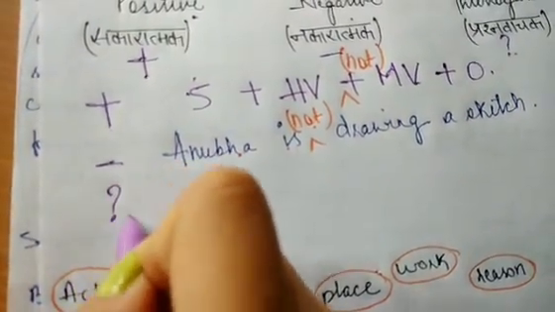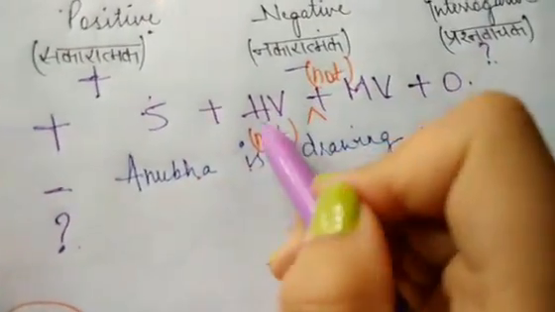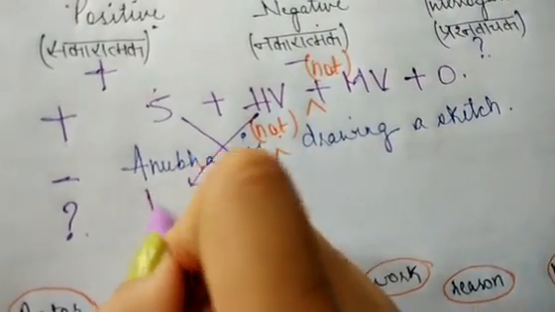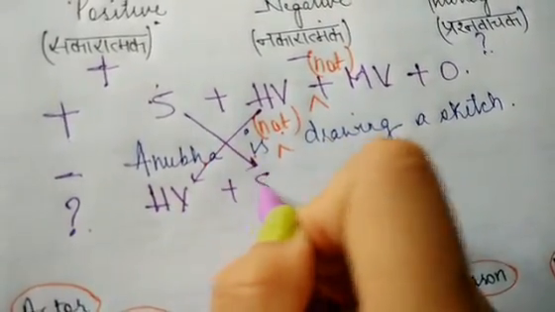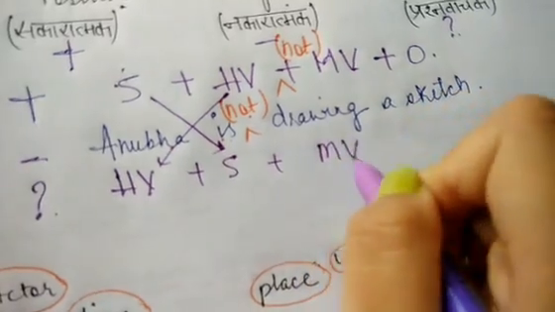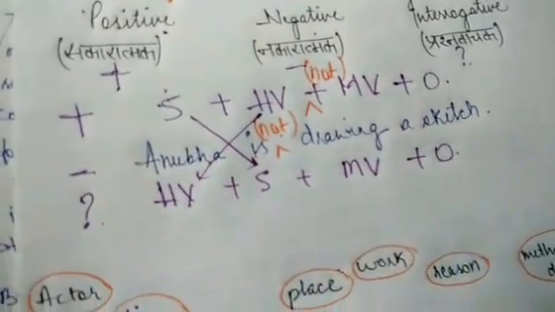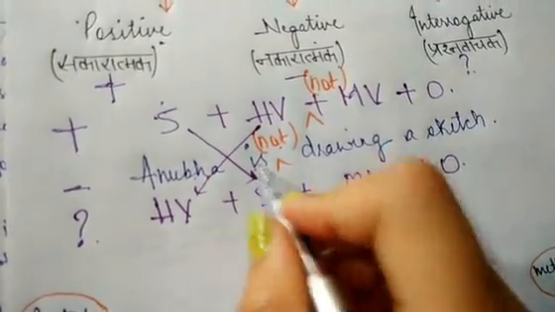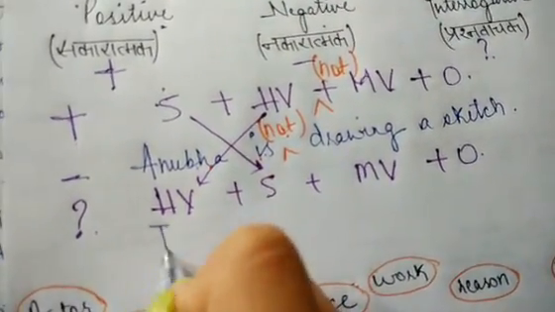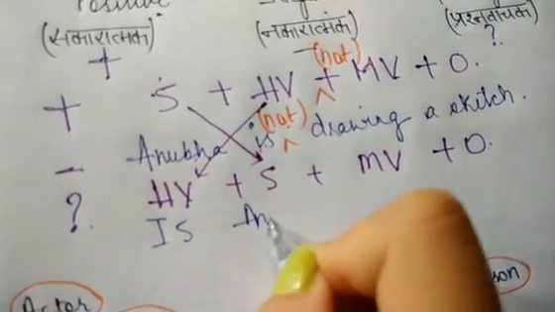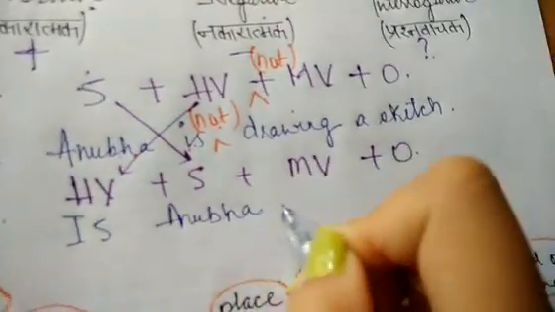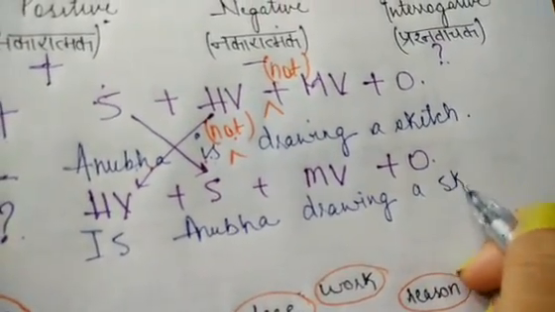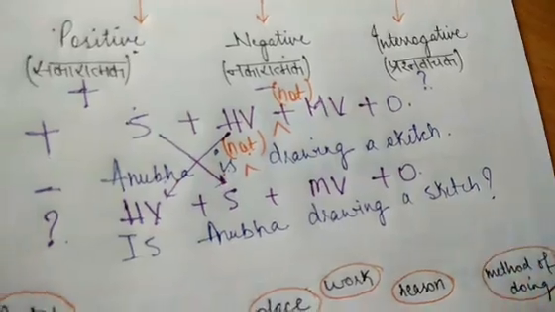For an interrogative sentence, we interchange the helping verb and the subject. The structure becomes helping verb plus subject plus main verb plus object. So if we convert this sentence, Anubha is drawing a sketch, I can say, is Anubha drawing a sketch?